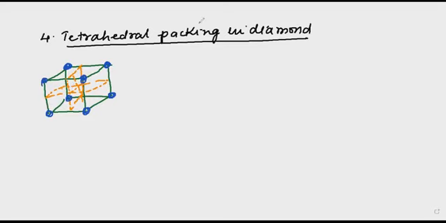Now you must remember that one of them exists in that place. This is the place of the one which forms the tetrahedral, and the arrangement is like that.